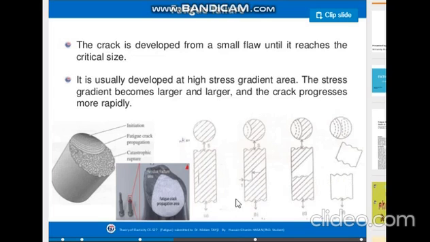These marks are called beach marks, like the marks you see on a sea beach, or striations. They increase until only this much material is remaining and it cannot withstand the load. It will suddenly break into two, and it becomes a catastrophic failure.